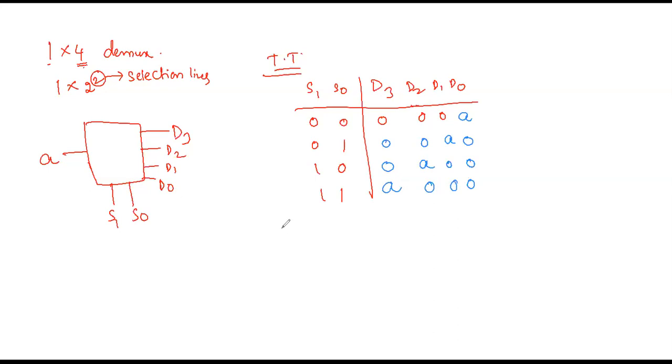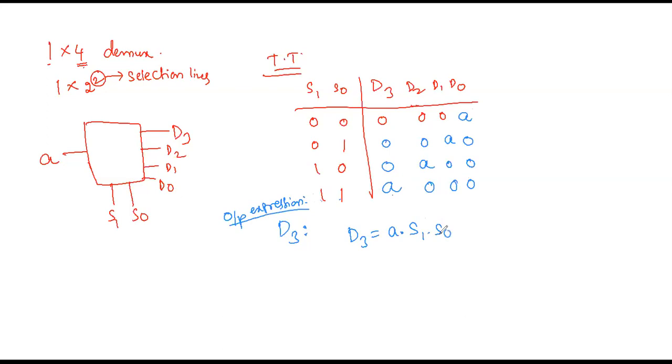Now write the expressions. We have 4 outputs. D3 is equal to A into S1 S0, since it is A when S1 is 1 and S0 is 1.